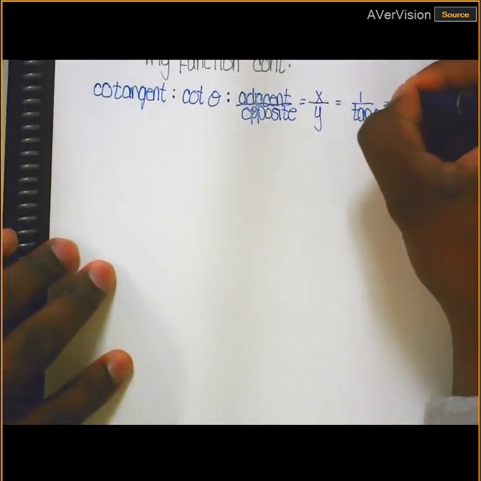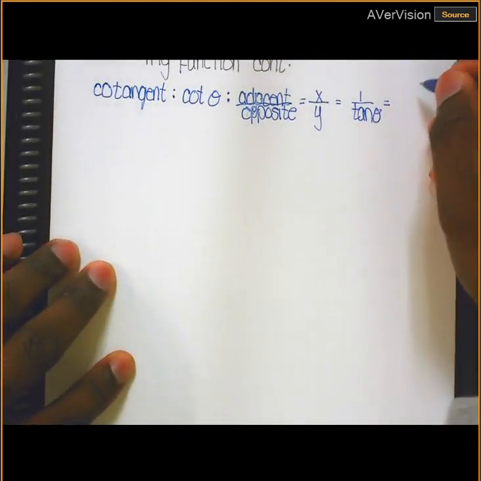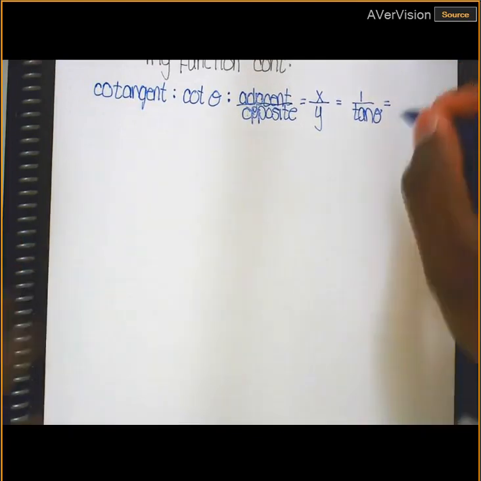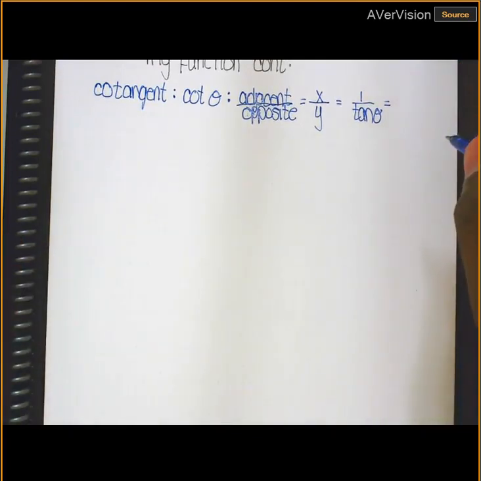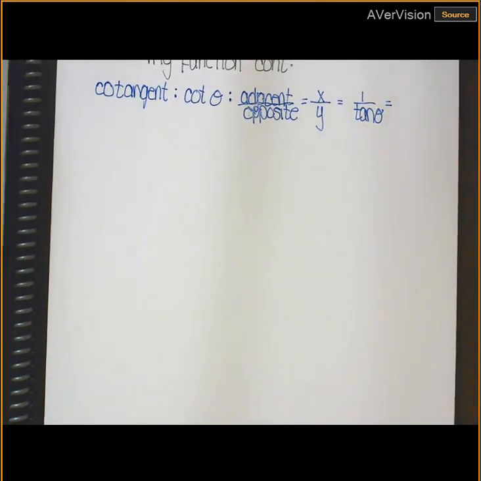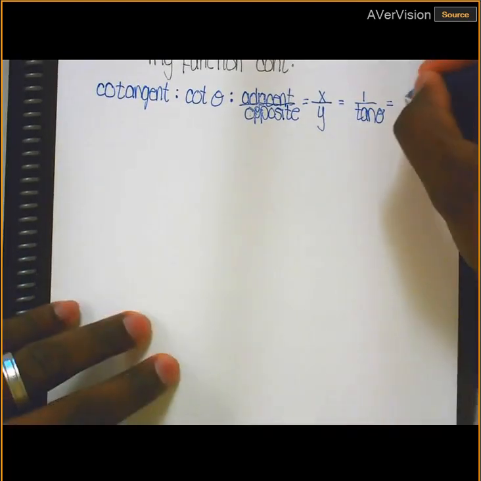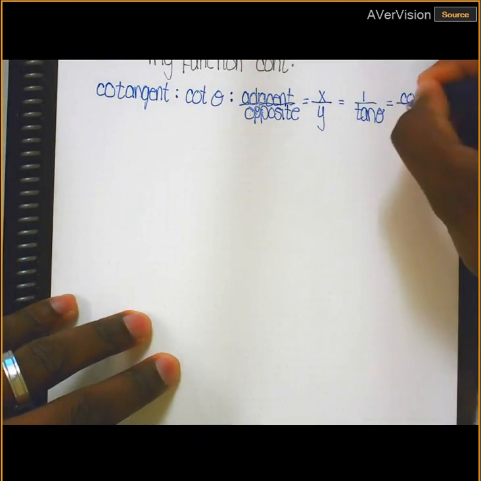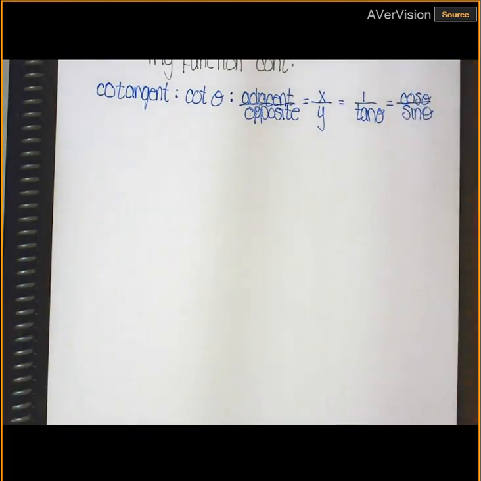And if cotangent is the reciprocal of that, what would that be? Yeah, cosine over sine. This should all be review for you guys. Is it?